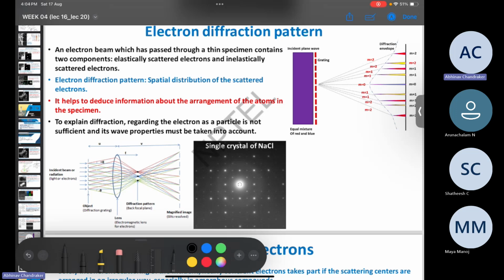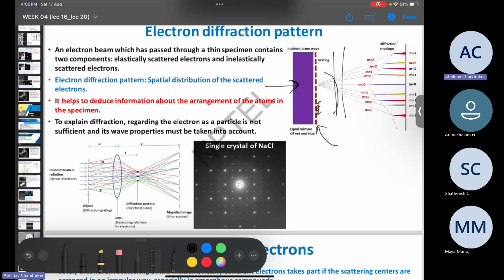The basic principle is that you have slits of this kind, and when any wave is incident on it, since these slits have a very small spacing between them, the outgoing wave will tend to not be just planar.